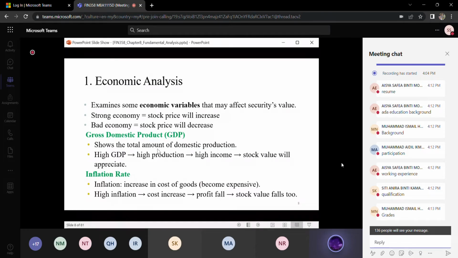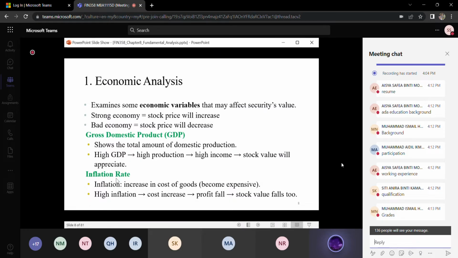To show the total amount of domestic production. So high GDP maksud high production, high income, stock value will appreciate, stock value akan menaik. This one adalah salah satu, just like student punya CGPA. So lepas kita tengok dia punya GDP atau CGPA, so kita akan tengok benda lain, contoh inflation rate.